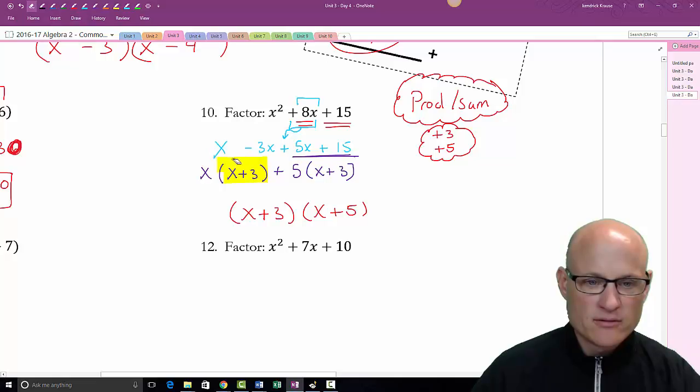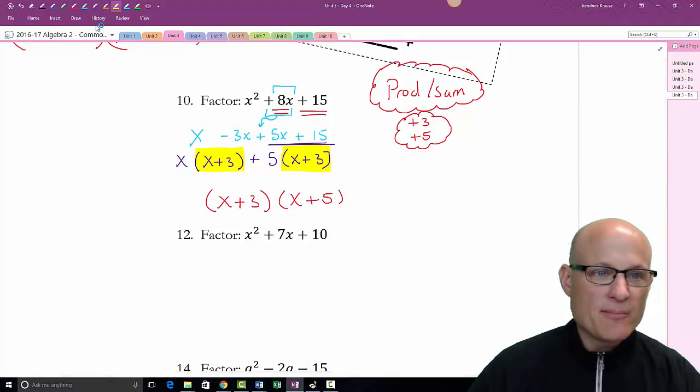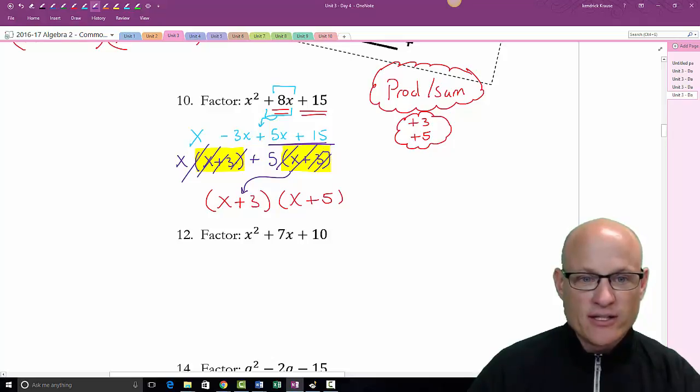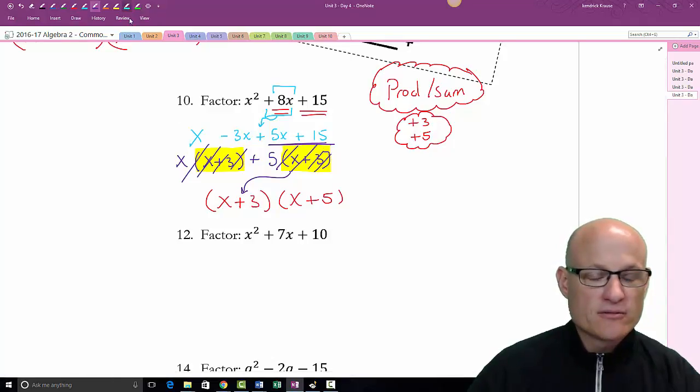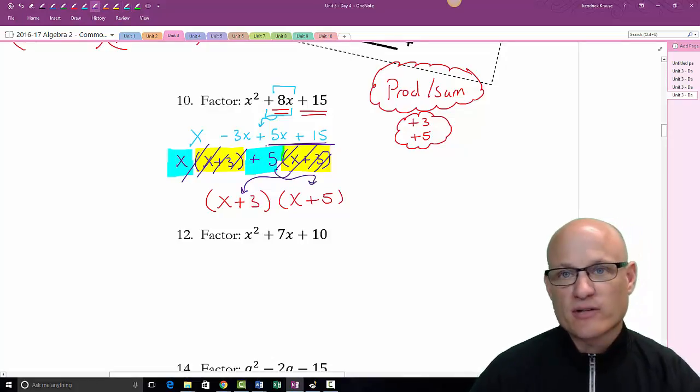There it is. All right. They both have an x plus 3. And since they both have an x plus 3, that's my first set of parentheses. And I'm going to take out the GCF, and what remains is x plus 5. And that becomes my second set of parentheses, x plus 5.